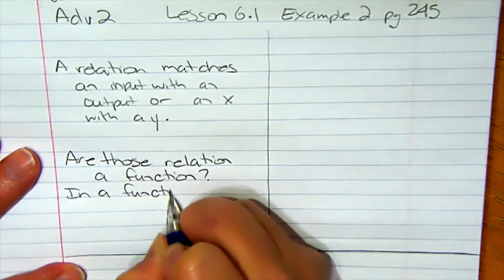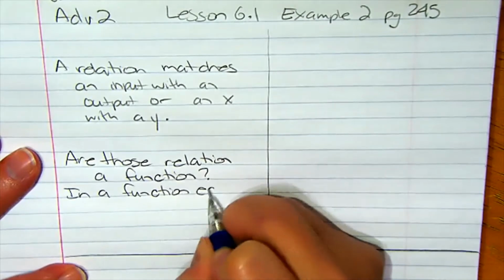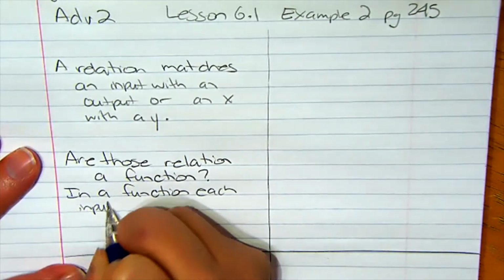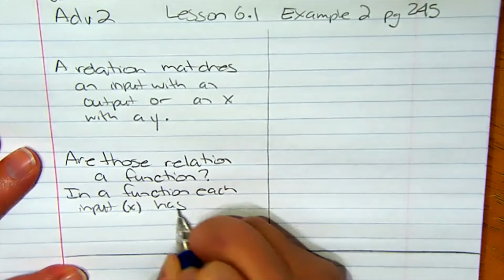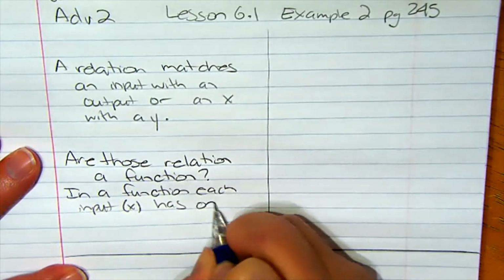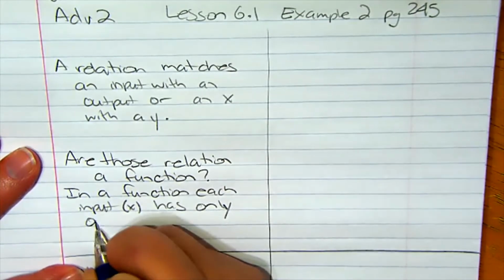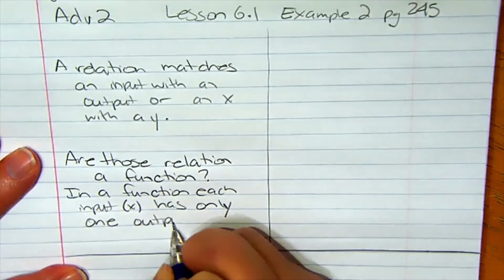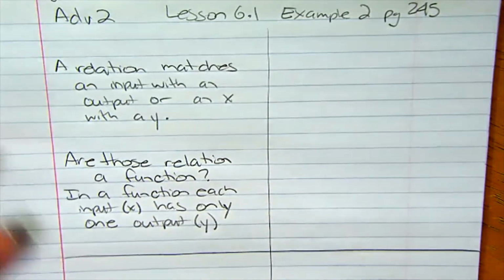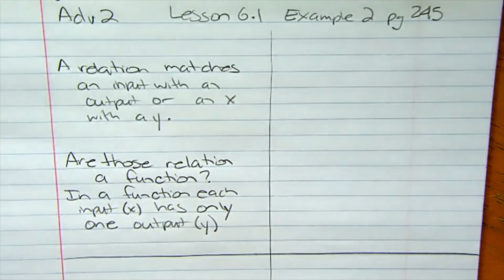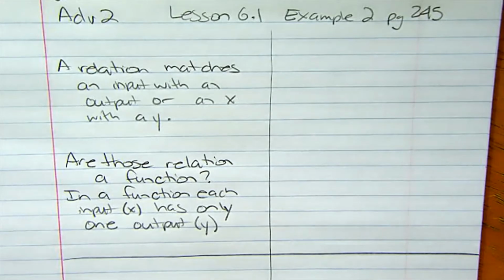In a function, each input, X, has only one output, Y. So in a function, each input has only one output. So that means X has only one Y. What does all of that mean?